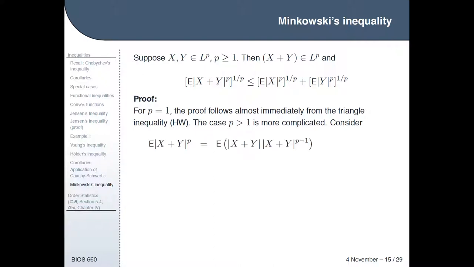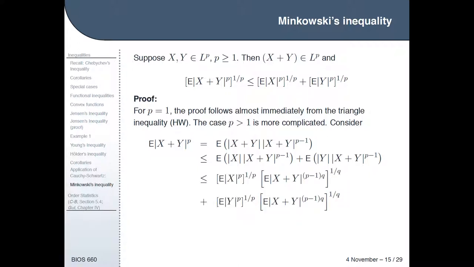The expected value of x plus y to the power p is, of course, equal to the expected value of x plus y times x plus y to the p minus 1, which, applying the triangle inequality, is less than or equal to the expected value of x times x plus y to the p minus 1, plus the expected value of y times x plus y to the p minus 1.